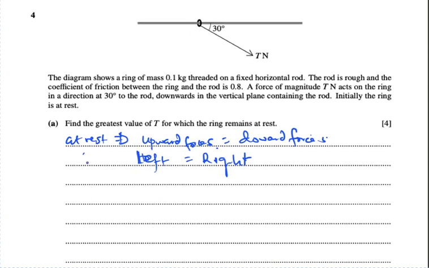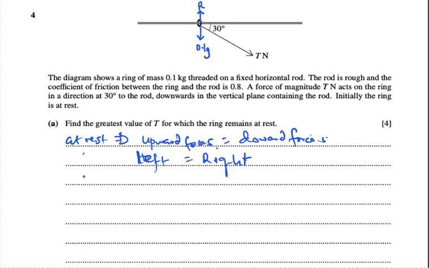Looking at our picture, the ring has a mass of 0.1, so the force downwards is 0.1g, but the horizontal rod also has a reaction force, labeled R. Let's start with the upward forces.